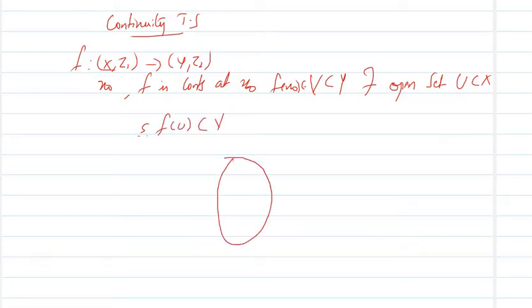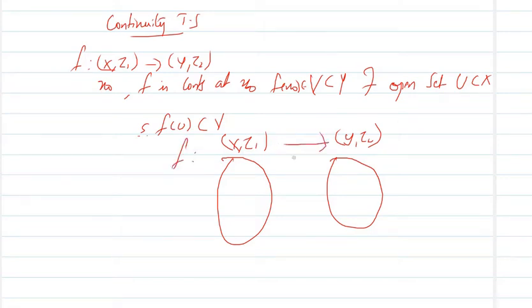That means suppose this is (X, tau 1) and this is (Y, tau 2), and f is a map from X to Y. Let this be the point x naught.